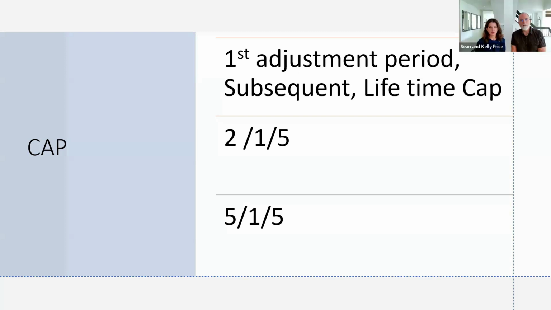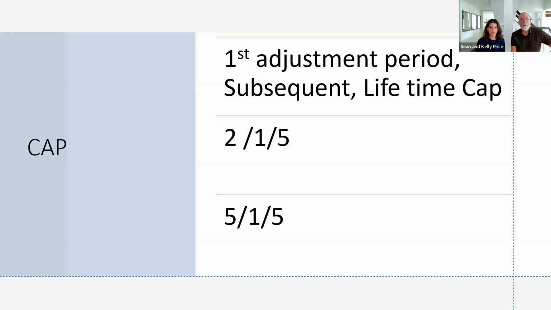After that, it could go up or down. It fluctuates up or down. The middle number is how it adjusts after that every year. Once a year, it adjusts not more than 1%. So it could go to 8%, or it could go to 6%. But it goes only by 1% up or down.